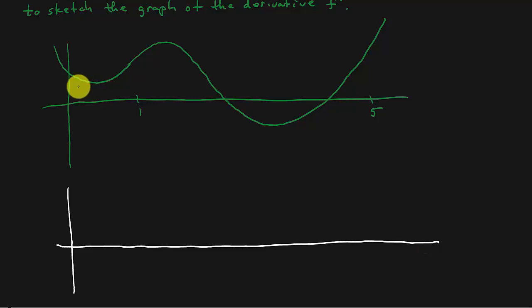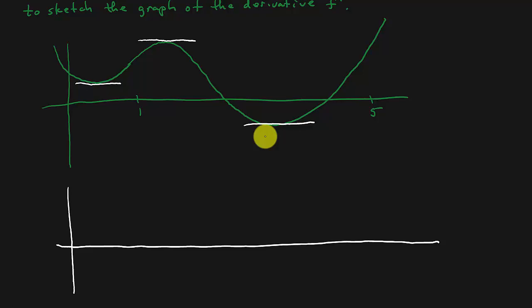Notice here at this minimum value, this maximum value, and then we've got this minimum value here. All right, so these white lines that I've drawn, those are tangent lines. And you notice that the tangent lines are horizontal, so that means their slope is 0.